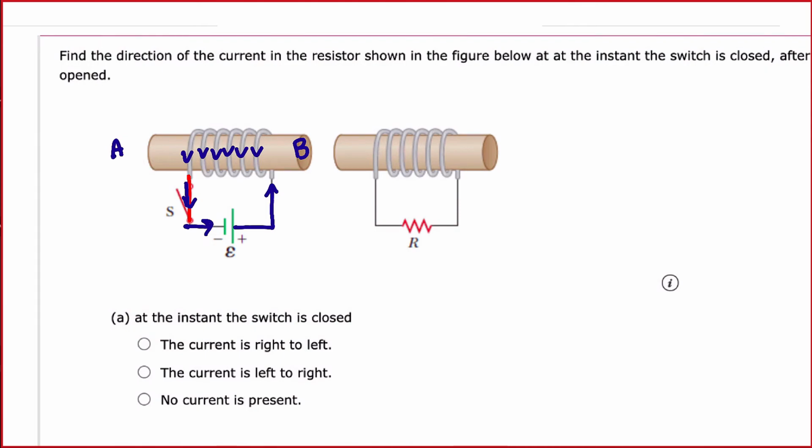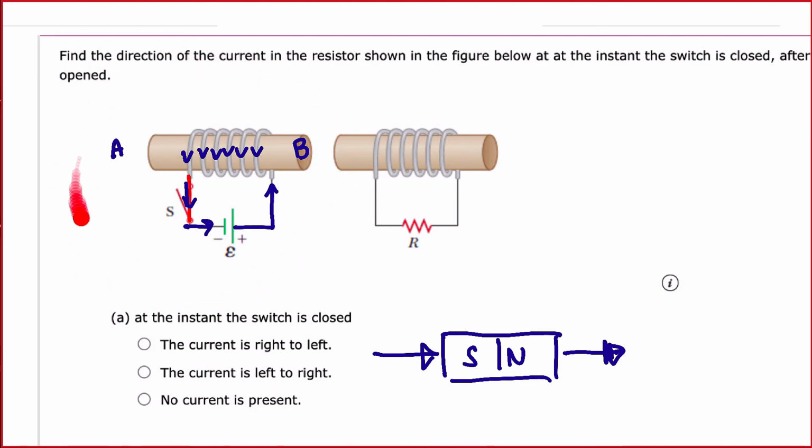And remember that if we have a bar magnet, with a North Pole and a South Pole, the magnetic field at the North Pole points in this direction, while the magnetic field at the South Pole points in that direction. This is very important because, as you have seen in the video on Lenz's law, there are four things that you need to answer. The first question is, what is the direction of the existing magnetic field? The existing magnetic field is provided by the solenoid right here.